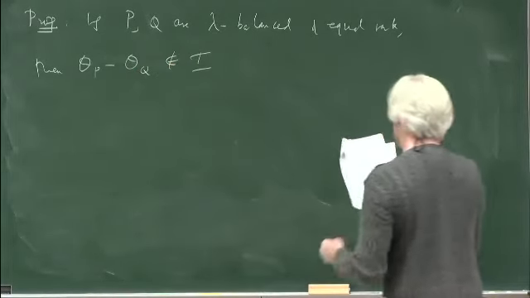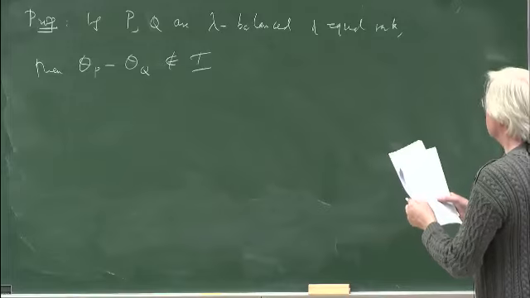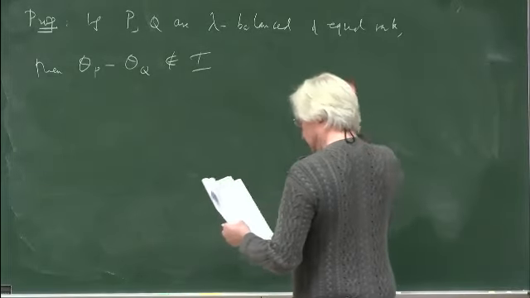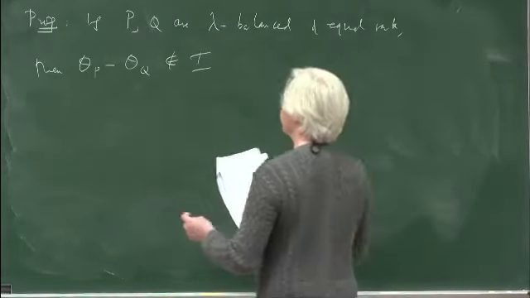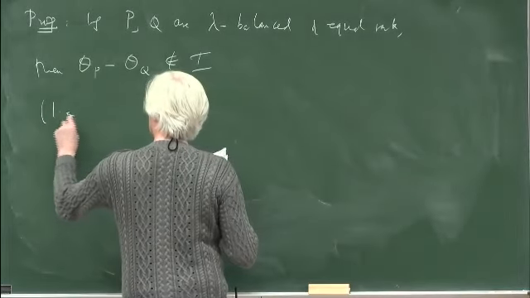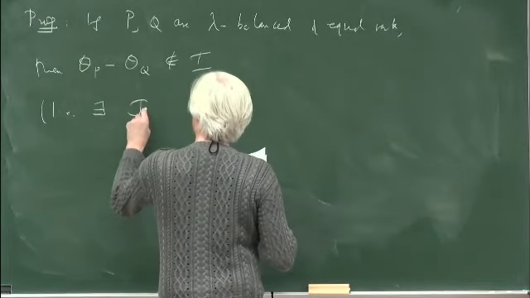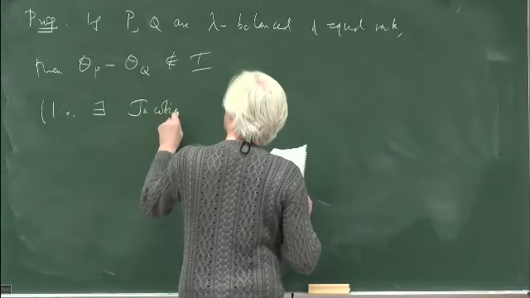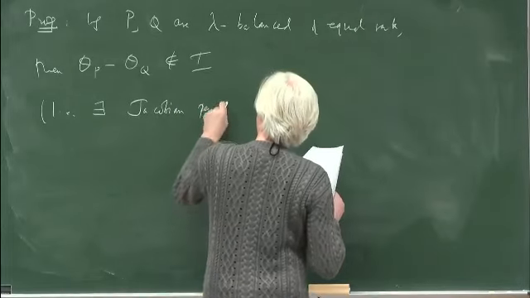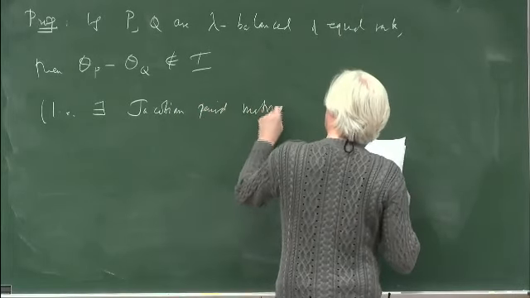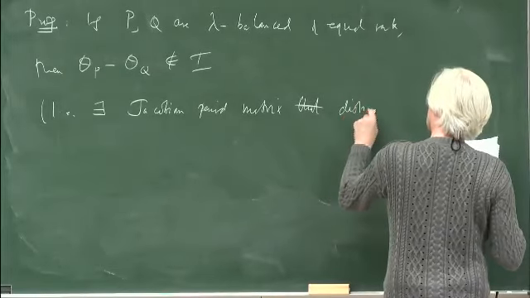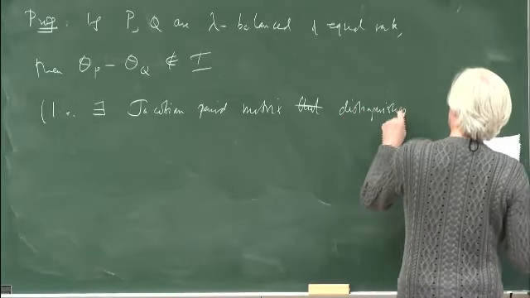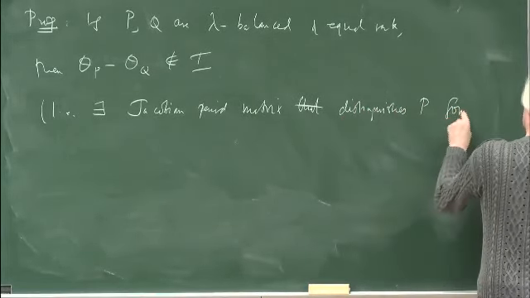Or, in a desperate attempt to retrieve the situation, let me state this in a positive way, i.e., there exists a Jacobian period matrix that distinguishes P from Q, I should say, sorry.